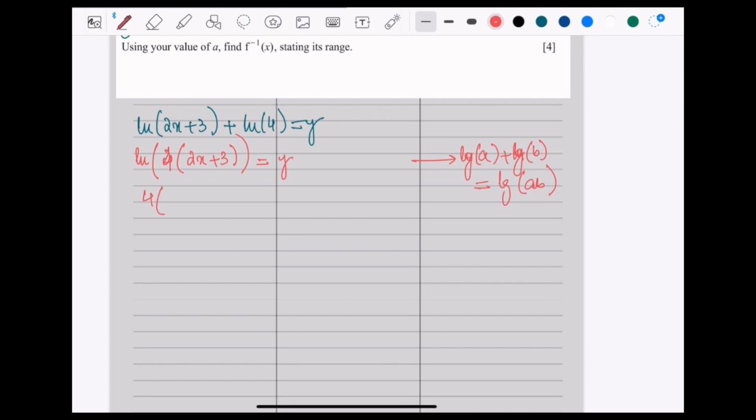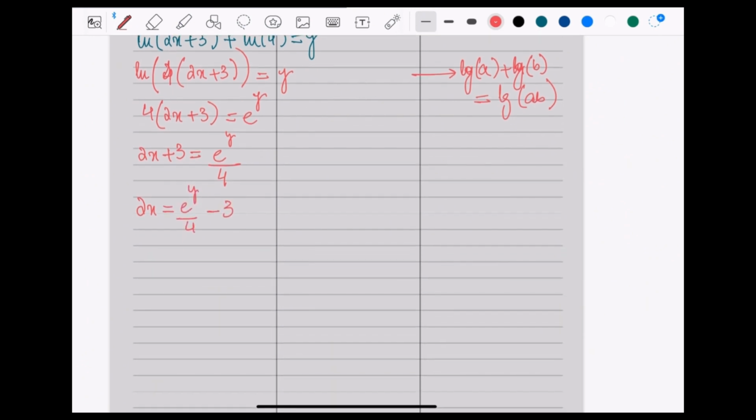So 4 times 2x plus 3 is equal to, taking the antilog, e to the power of y, and 2x plus 3 is equal to e to the power of y over 4. 2x is equal to e to the power of y over 4 minus 3, and x is equal to e to the power of y over 8 minus 3 over 2.